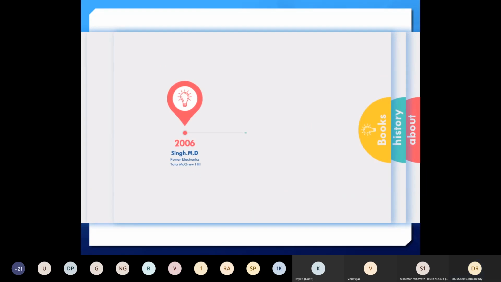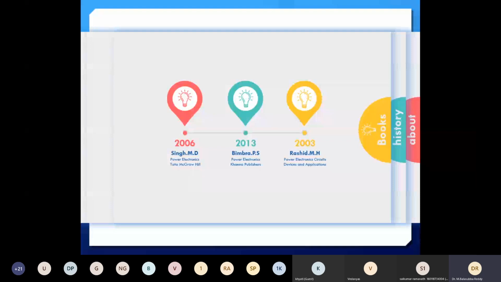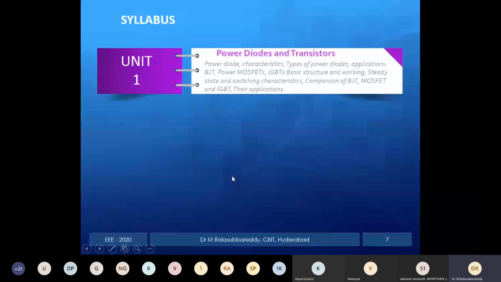Yeah, see, there are some textbooks, but the only thing is you try to understand the things. Now this is the syllabus. Just now I briefly explained all 5 units, and inside content you can go through once. Power diodes and transistors, this is the title of unit 1. In this, majorly 3 components are discussed: BJT, MOSFET, IGBT.